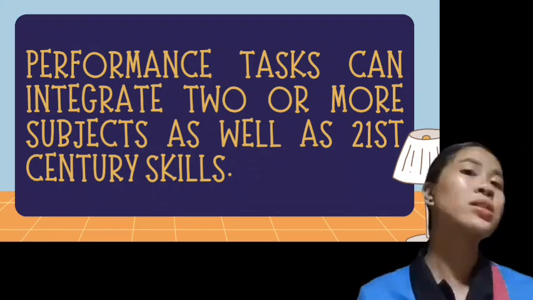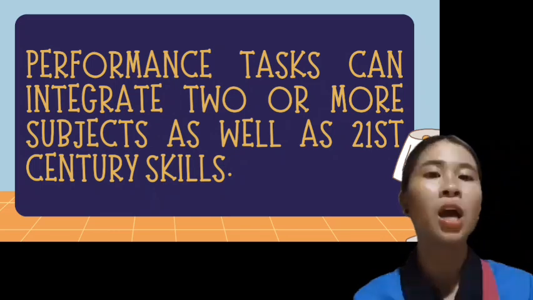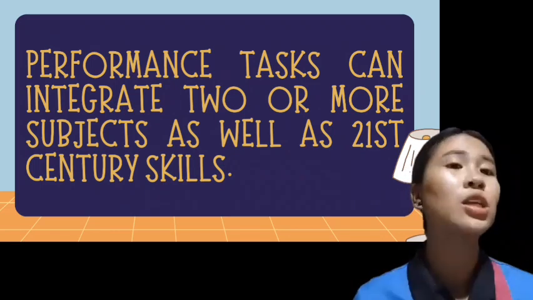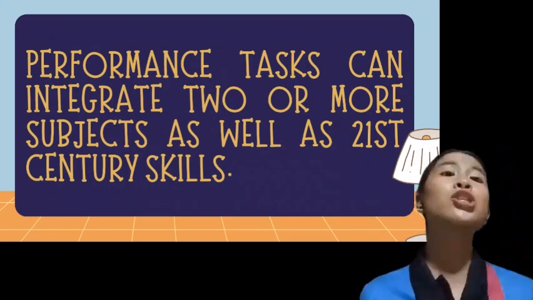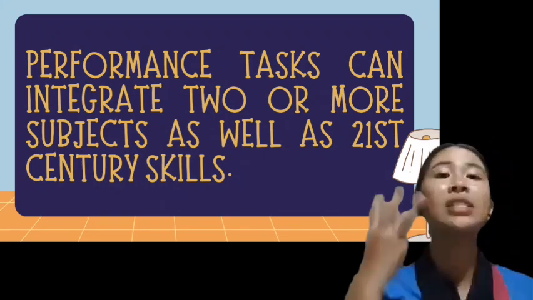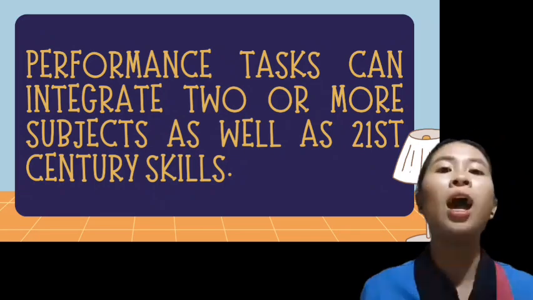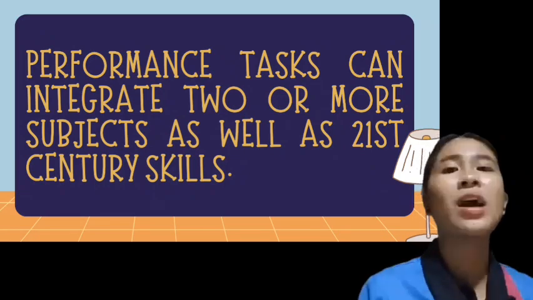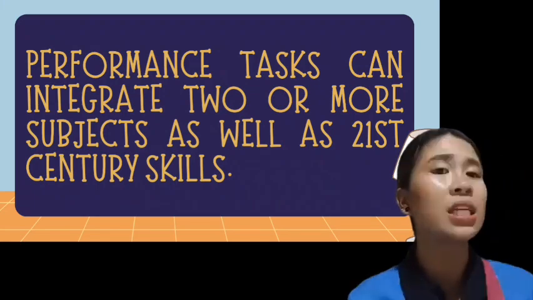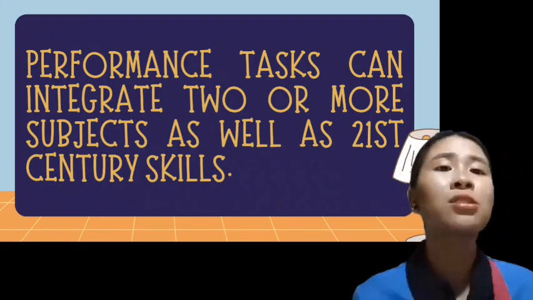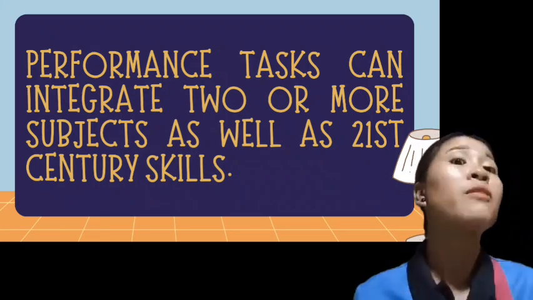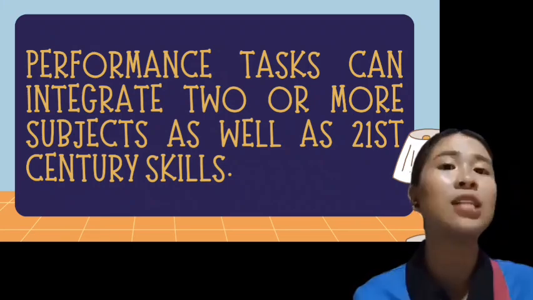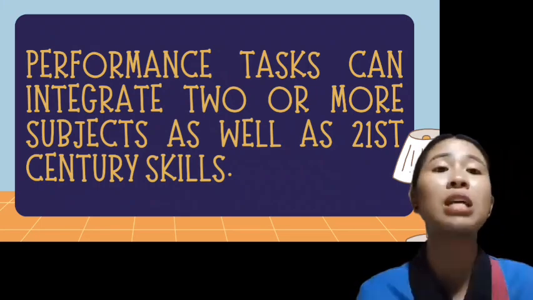In addition to integrating multiple subjects, performance tasks can also incorporate 21st century skills such as collaboration, communication, creativity, and critical thinking. By requiring individuals to work together, communicate effectively, think creatively, and solve complex problems, performance tasks help individuals to develop the skills they need to succeed in the 21st century.